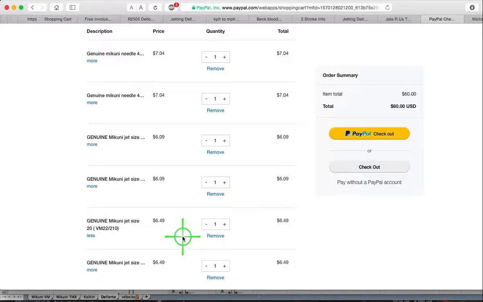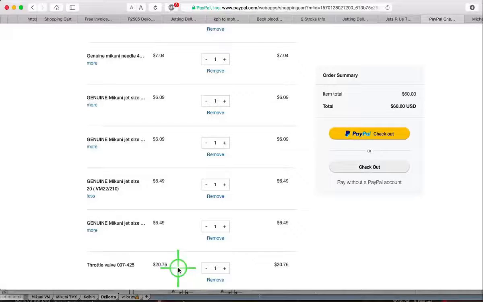I don't know. Other buddy says a different needle would work. I don't know. Maybe I'll get the needle. Maybe I'll get the slide. And voila, look, we've got a sum total here of $60. A couple pilots, a couple mains, a couple needles, and a slide. And a slide for a VM is cheap.